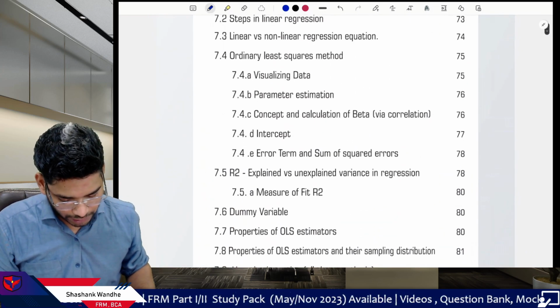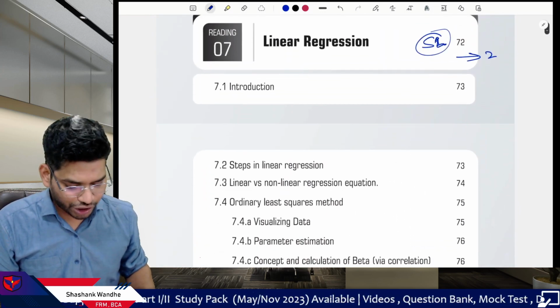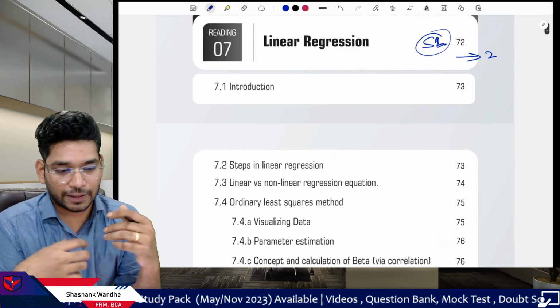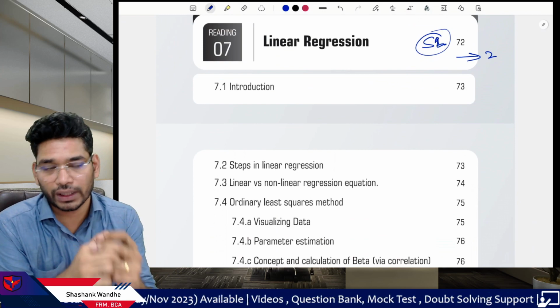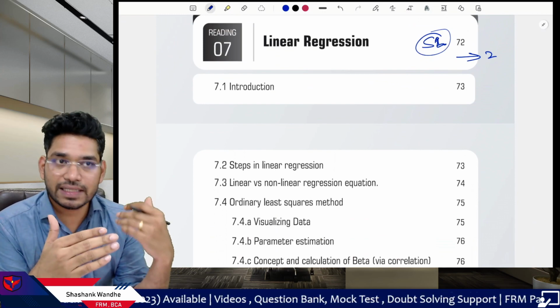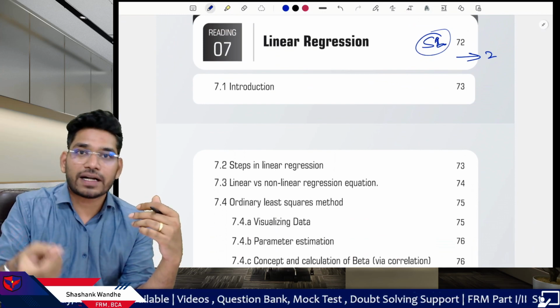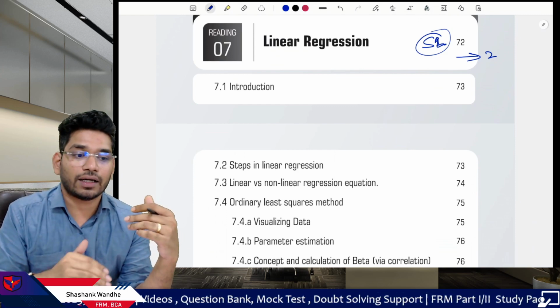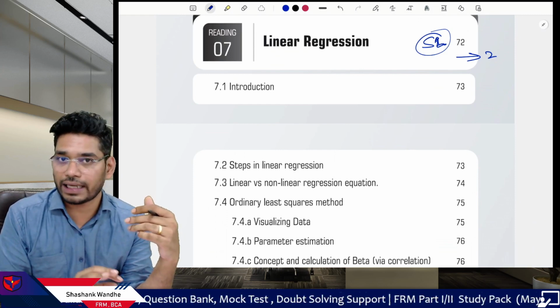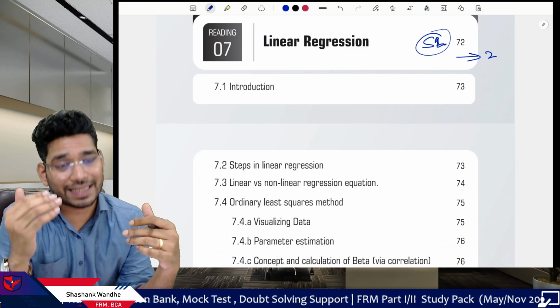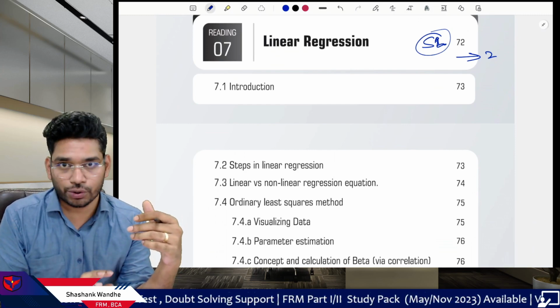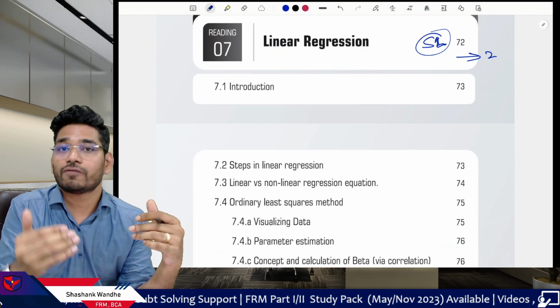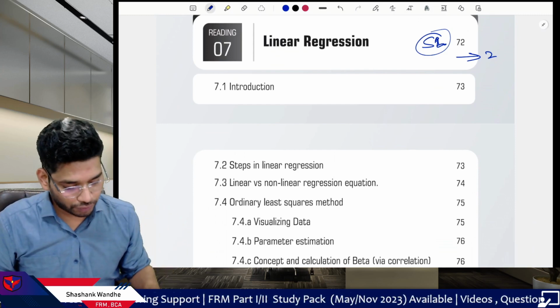Regression requires all the concepts of the previous section, and that's why we divided the curriculum into sections. Once you are comfortable in section 1, things will be easier for you in section 2. If you are facing problems in section 1, things will be very difficult for you in section 2. So make sure you close your section 1 properly, and then only move to the next section.